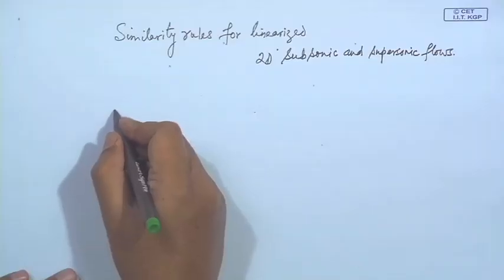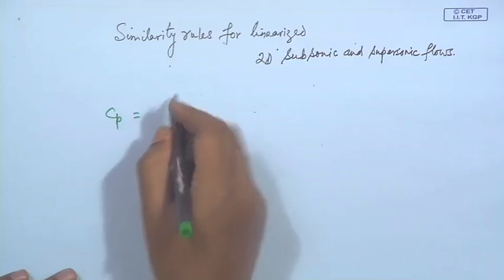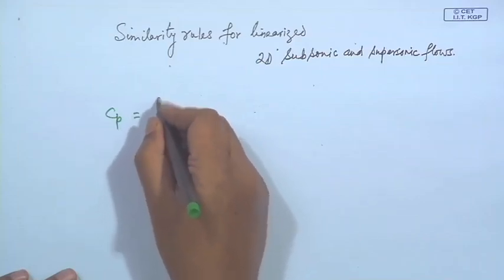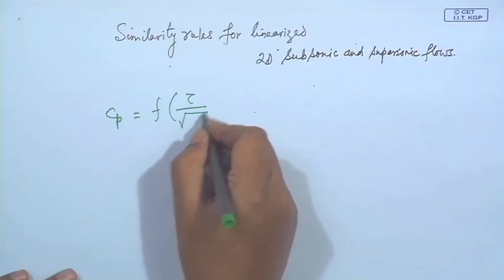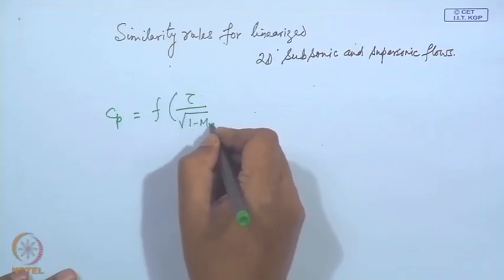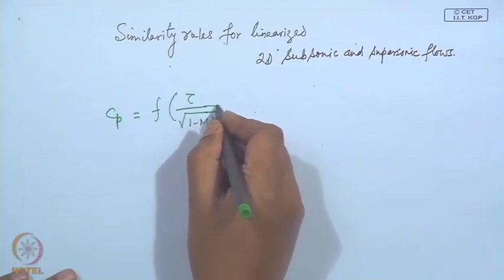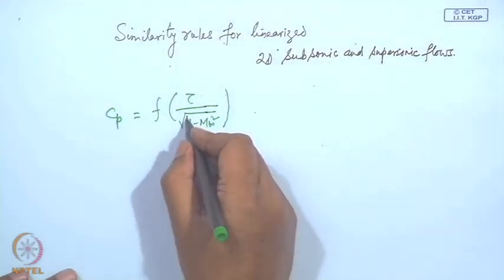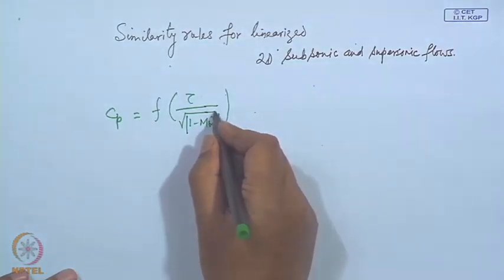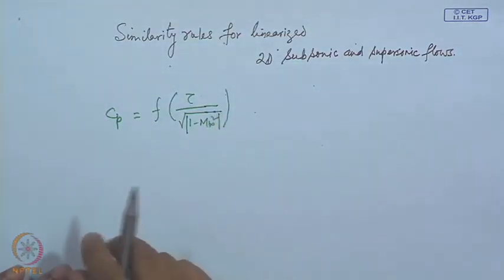In particular, we chose 4 different values of A and obtained 4 different similarity rules, which are: C p is a function of tau by root over 1 minus M infinity square, and as we mentioned, this is valid for both subsonic and supersonic flow if we make this term sign independent.